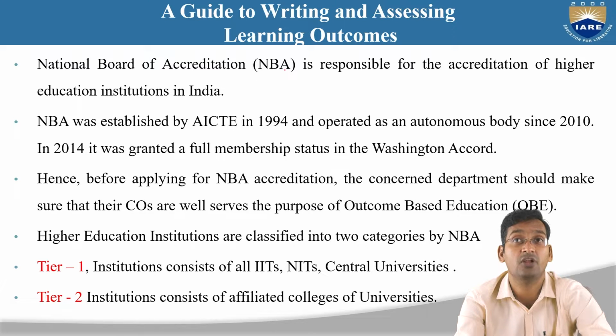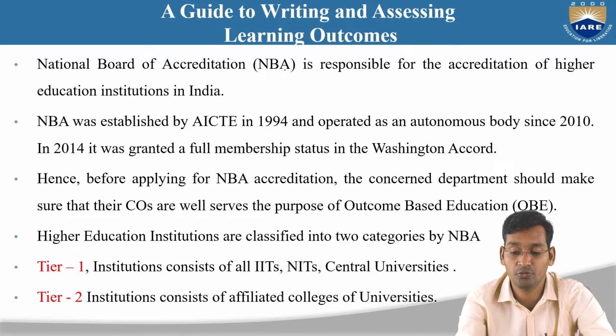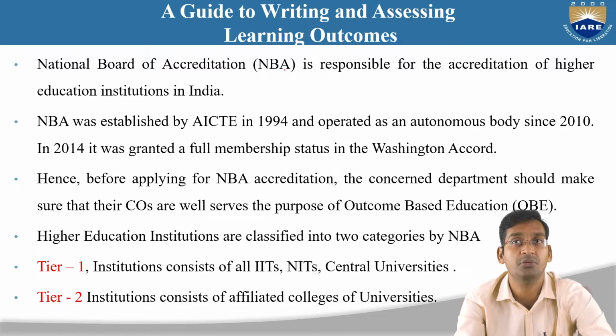Hence, before applying for NBA accreditation, the concerned department should make sure that their COs serve the purpose of outcome-based education. Means before applying, the staff or department should show how their COs will serve the purpose of the industry or outcome-based education. So that's why the COs play a very important role.